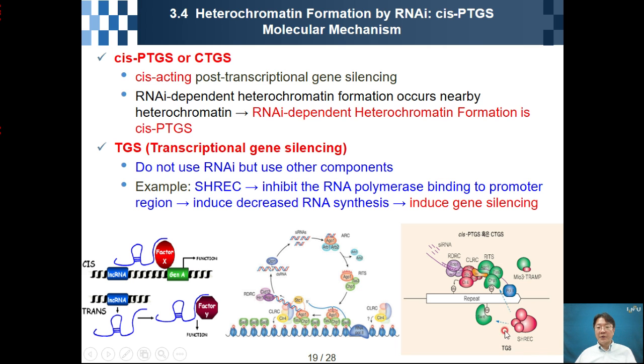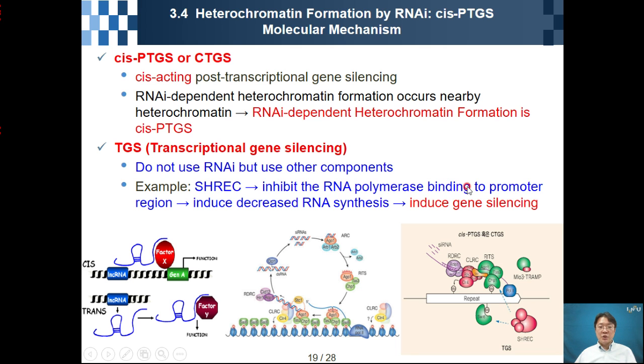This is one example, the SHREC complex, the SHREC protein. This protein inhibits RNA polymerase binding to the promoter region.